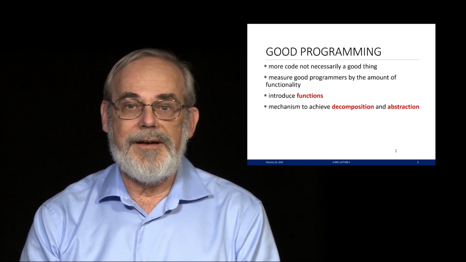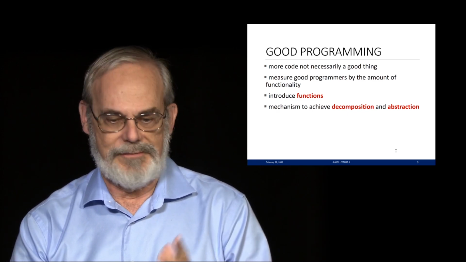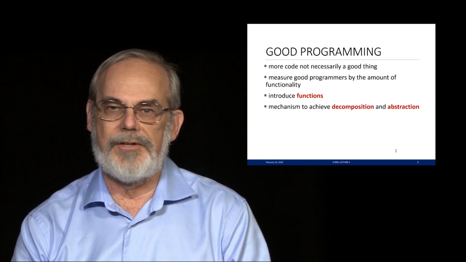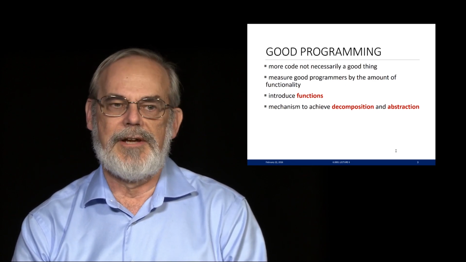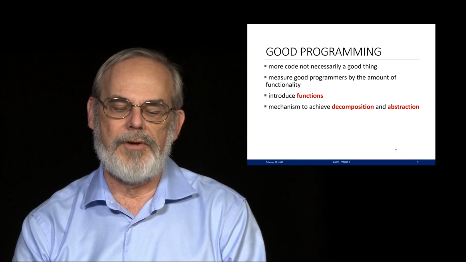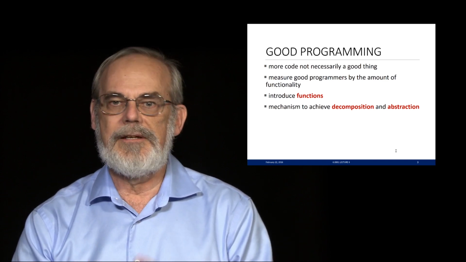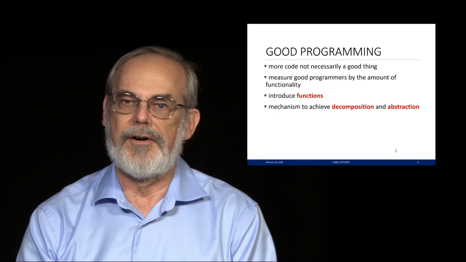One of the things to keep in mind is, in fact, good programming is more than just adding more code. In fact, I would argue that a good programmer is measured not by the number of lines of code she's written, but by the amount of functionality that she's provided, the ability to do computations easily. And so to make that happen, we're going to take a really nice pivot, introduce a major new thing, and that's the idea of a function.